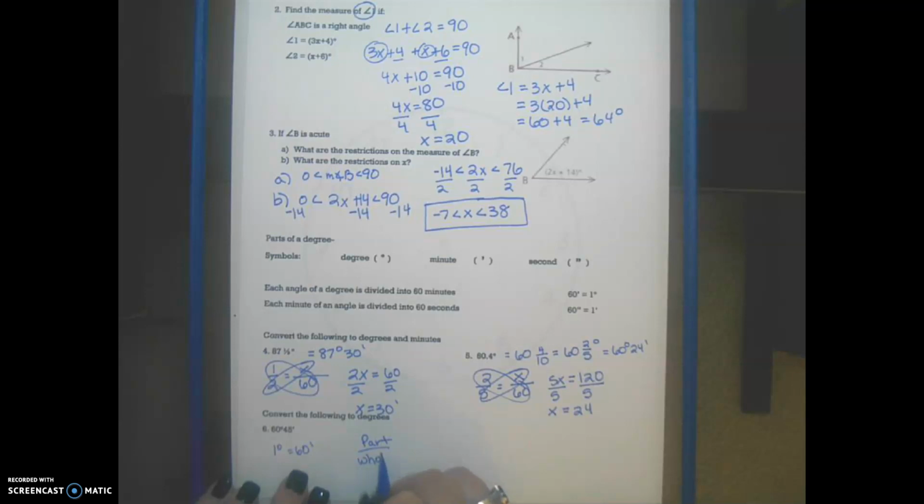And in this case, my part is the 45 minutes, and my whole would be 60 minutes. So 45 over 60 is the fraction, and then I want to reduce this into simplest form. So 45 and 60 are both divisible by 15, and this can be rewritten as 3/4. So 60 degrees and 45 minutes is equal to 60 and 3/4 degrees.